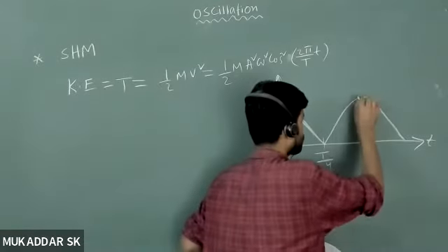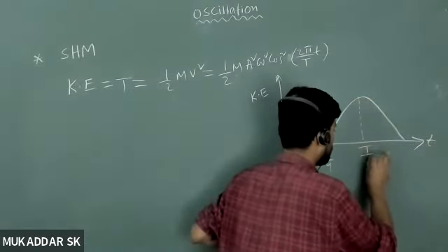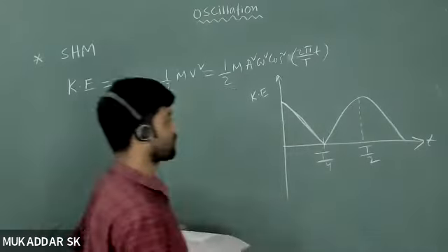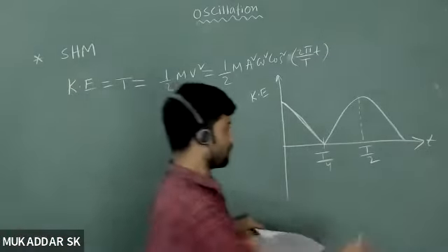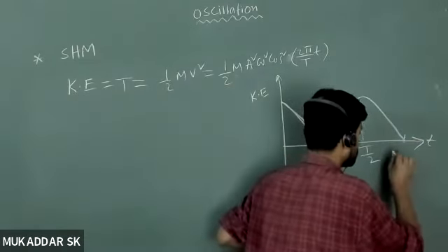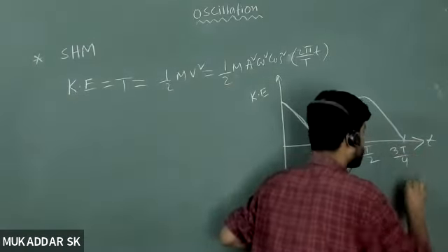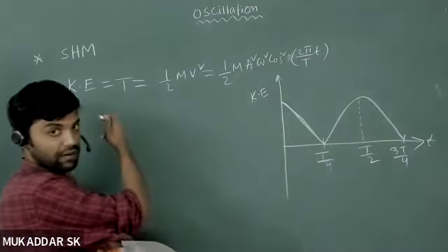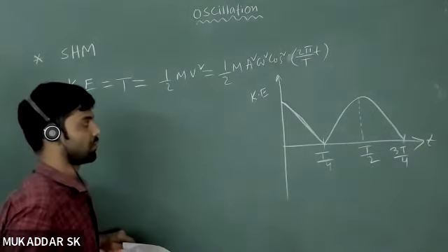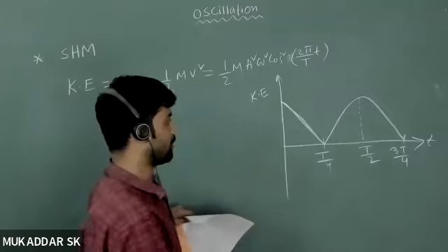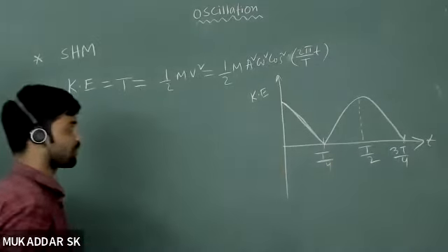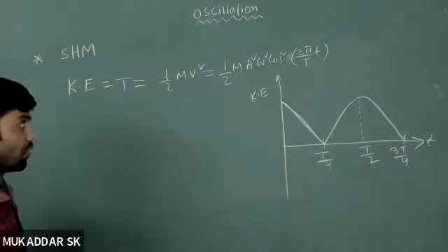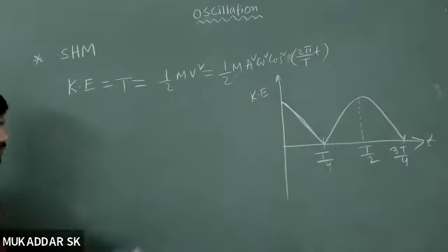Now these points correspond to capital T by 2, because at this time your oscillator is again returning to mean position. Now this point corresponds to 3T by 4, because now your oscillator is at negative extreme position. So the kinetic energy plot will look like this. You will never get a negative value because you have the cos square function, and the cos square function will always give you a positive number. So kinetic energy will look like this. Is this part clear to all?